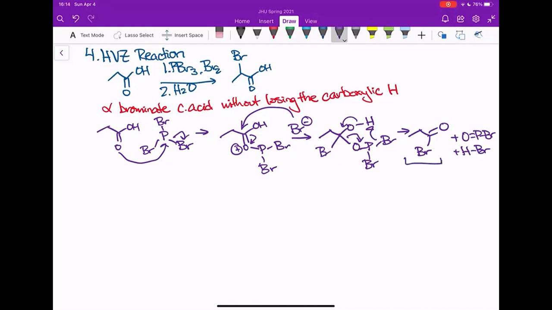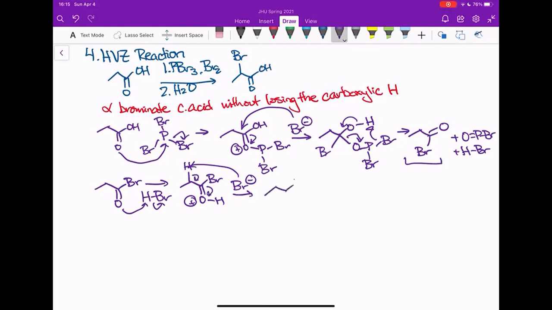And then I'm going to take this and just rewrite it over here. So from here, we're going to protonate with that HBr. Okay, and then our equivalent of Br minus that just got kicked off as our leaving group is going to grab that alpha hydrogen, send those electrons up to neutralize your oxygen.